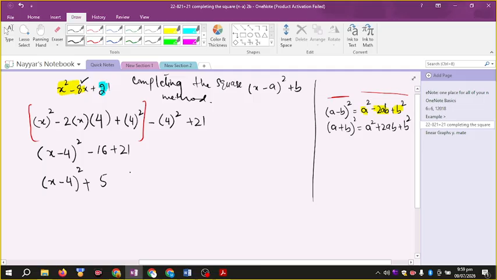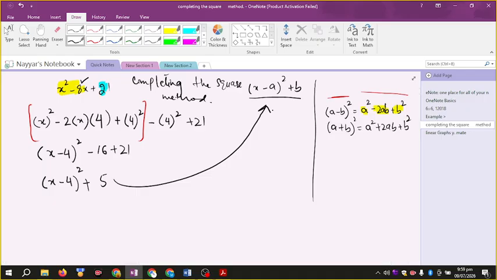You can see that they have asked us to write down the answer in this form, and our answer is in this form. So we have to solve. That means a is 4 and b is 5. So we have found the values of a and b.